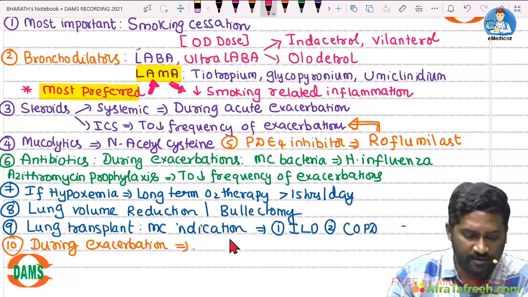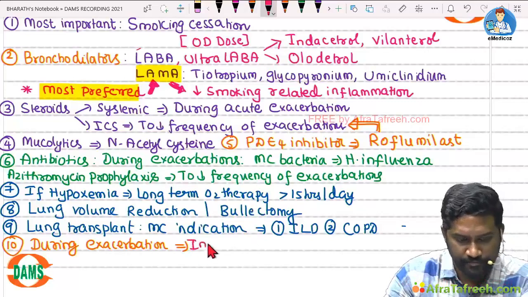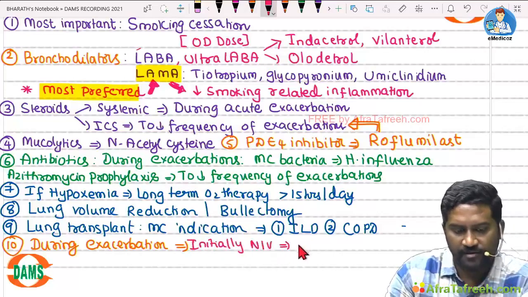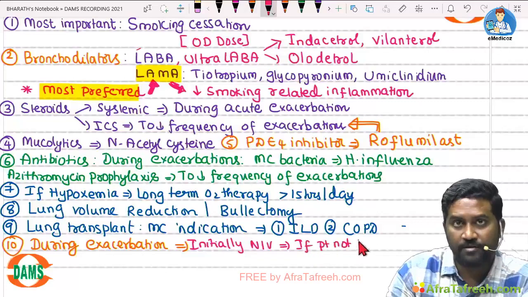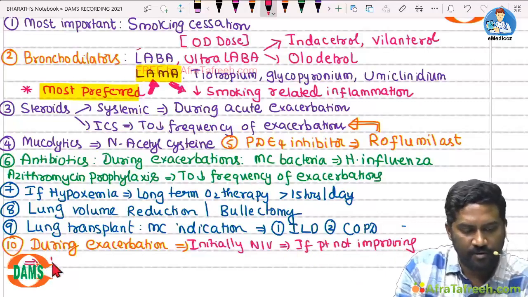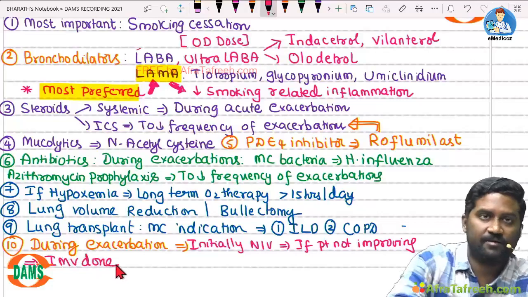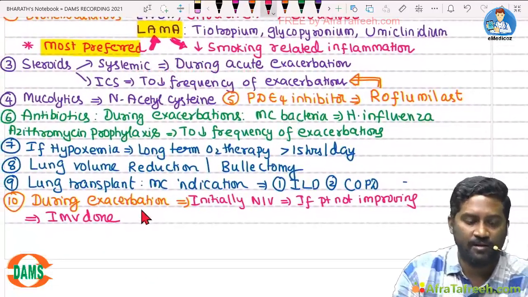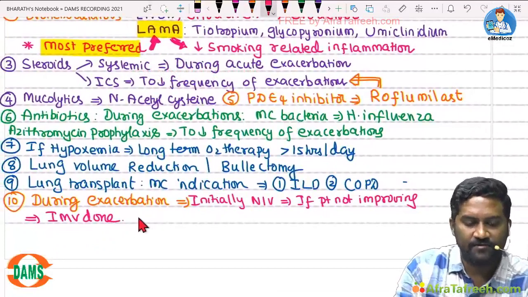During exacerbation, initially we go with NIV. If patient not improving, as a last resort, invasive mechanical ventilation is done. But what is the disadvantage?